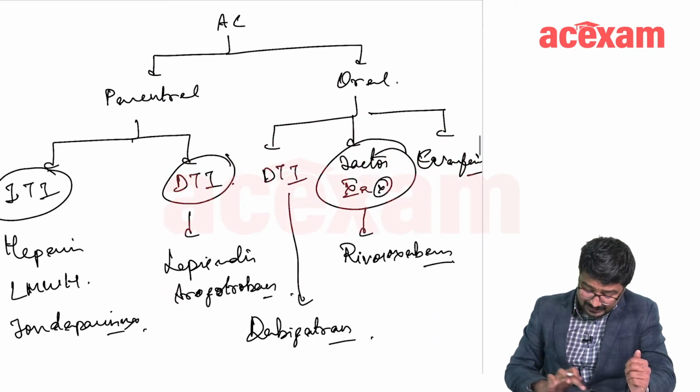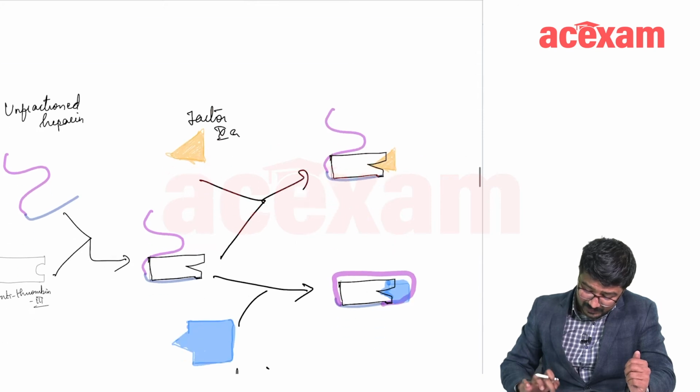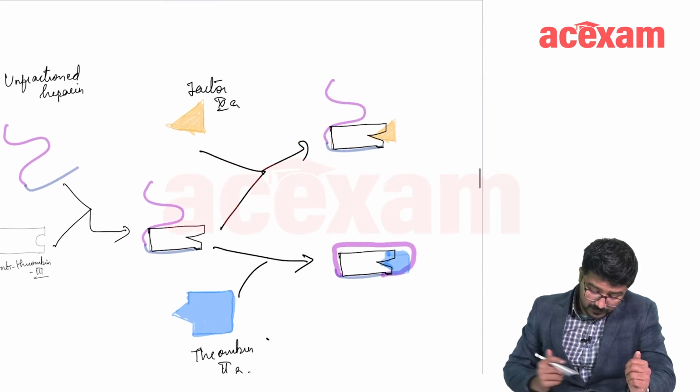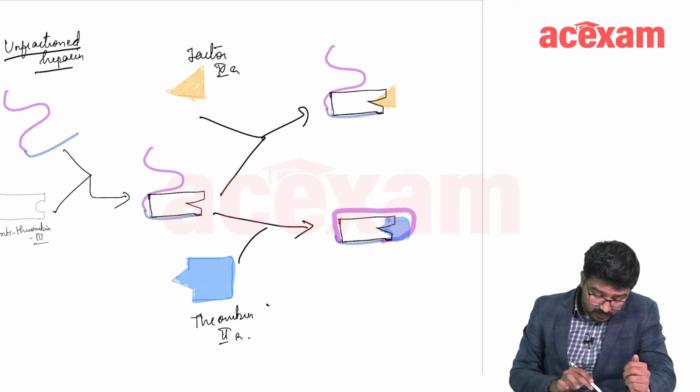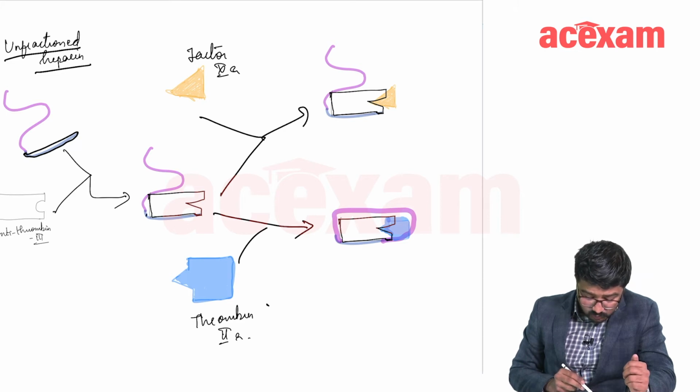Now, in order to understand the remaining three options, I have just drawn a diagram. If you see this diagram, this is the heparin structure. Within the heparin structure, you have a pentasaccharide over here below, and you have another large polysaccharide. This pentasaccharide acts as a seat for the sitting of antithrombin 3.